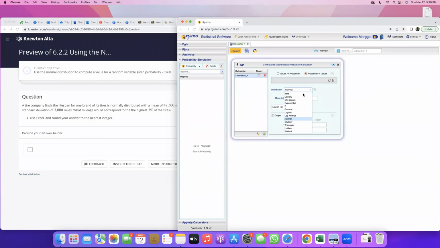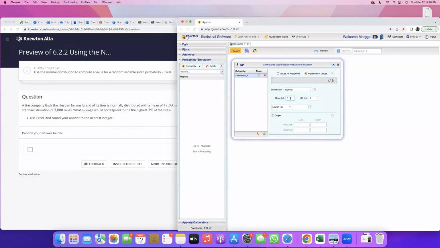Again, we have a set of distributions that are continuous. For now, we're only talking about the normal distribution. As we already know, the parameters for the normal distribution are always the mean and the standard deviation. And this goes back to the empirical rule that we talked about in chapter 2.